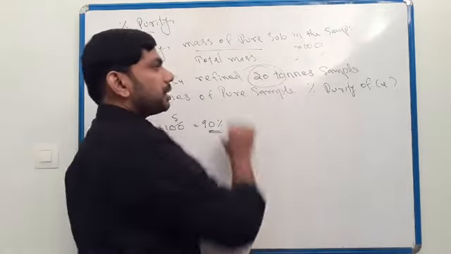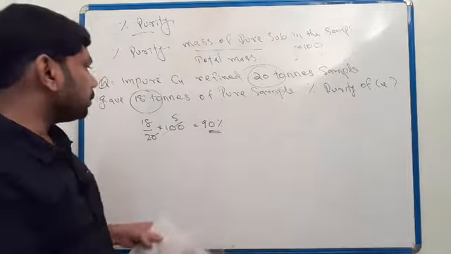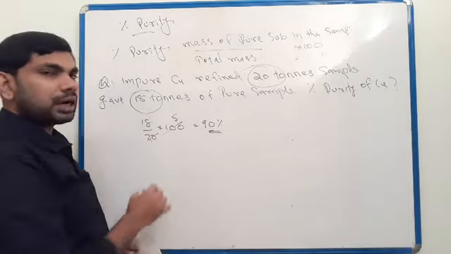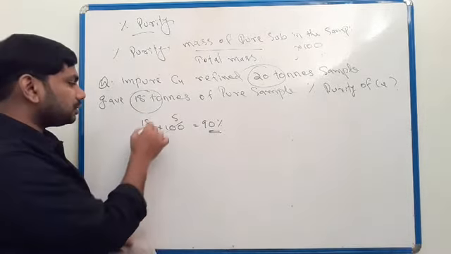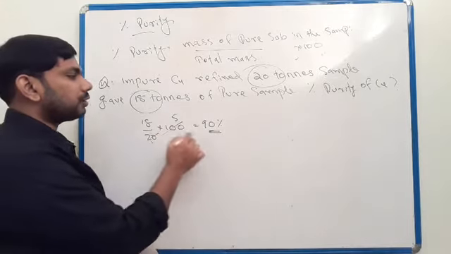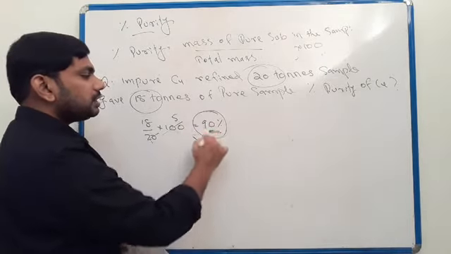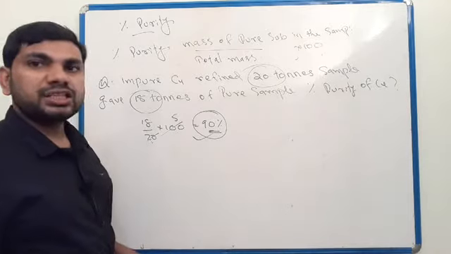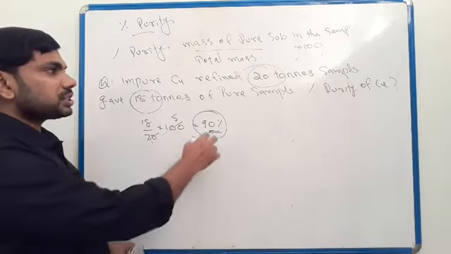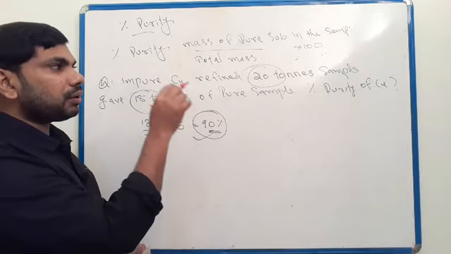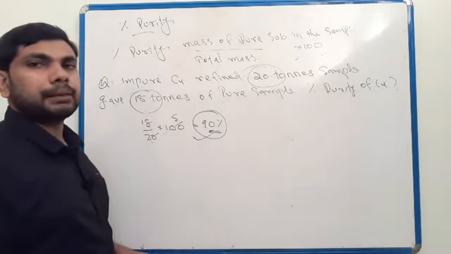This is total mass 20. So 18 divided by 20 into 100. So you will get 90 percentage. So this is the percentage purity of copper in this sample.